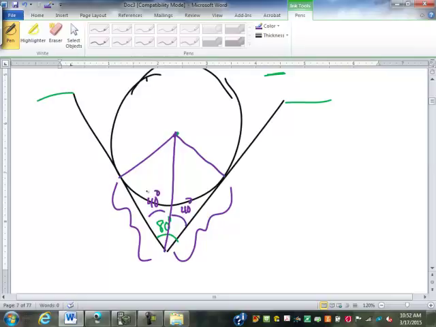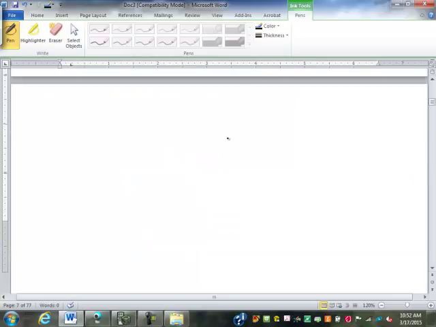Now that we have those angles, hopefully we'll have the radius of our piece of round stock. We can then use our trig in a couple of weeks, once we start learning it, to find these dimensions.